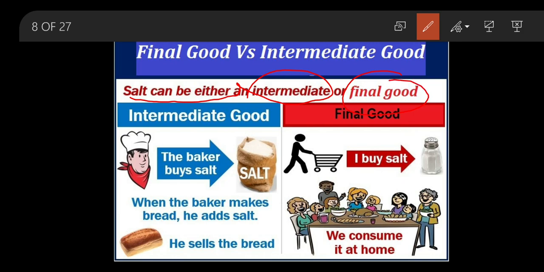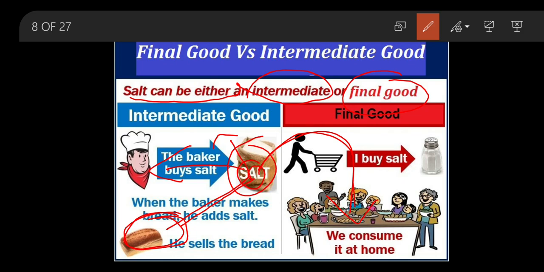Let's see, if salt is used by a baker in making bread, here salt is used in making a final good, that is bread, right? In such cases, salt is your intermediate good. But if this salt is consumed directly at the household level, then it becomes a final good.